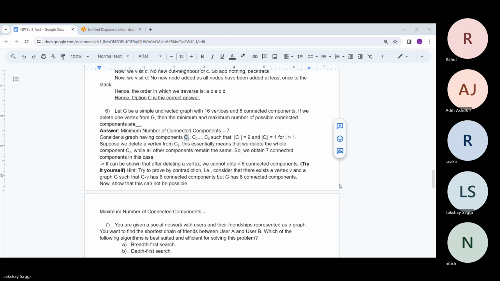Essentially, you can think that C1 will break into a lot of components of size 1 each, like every component will have size 1 after removing that vertex.